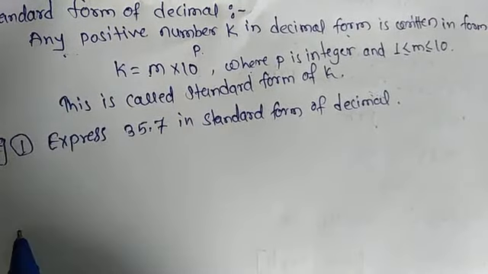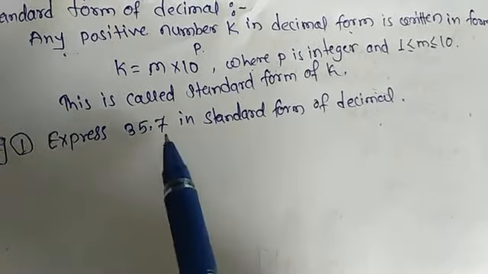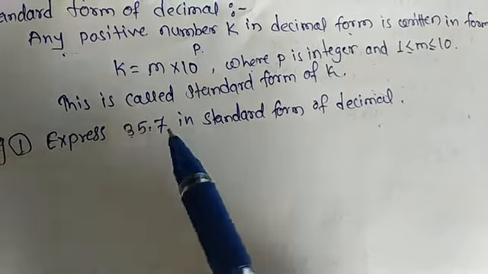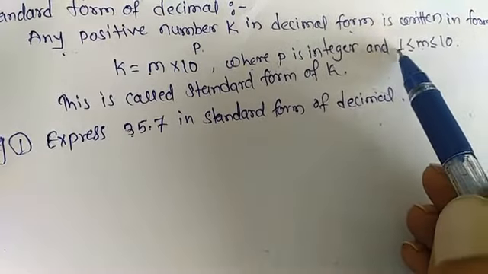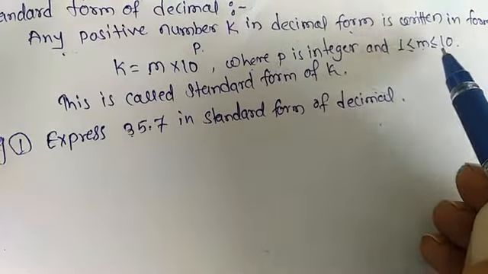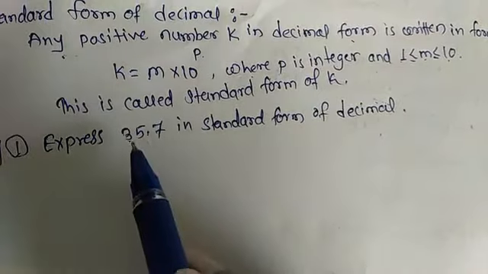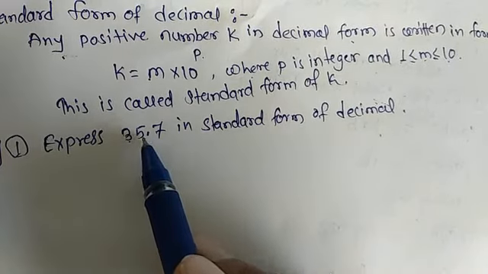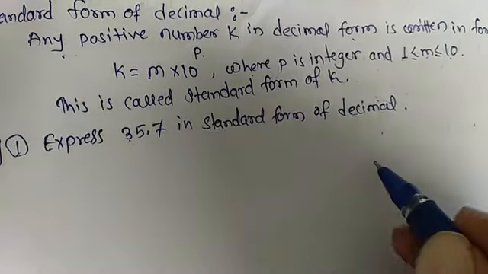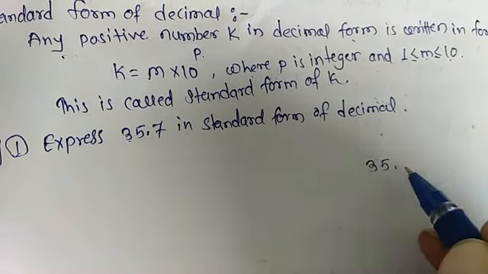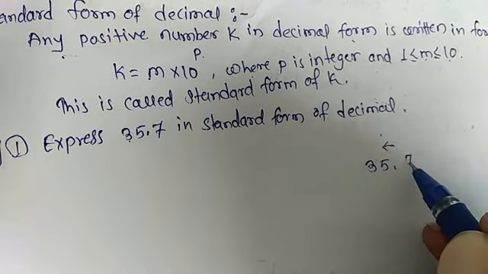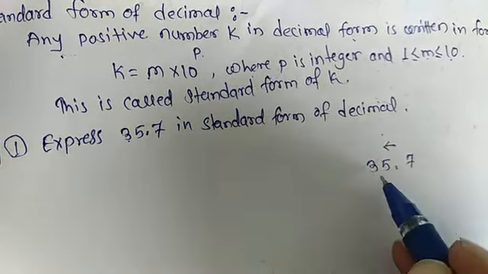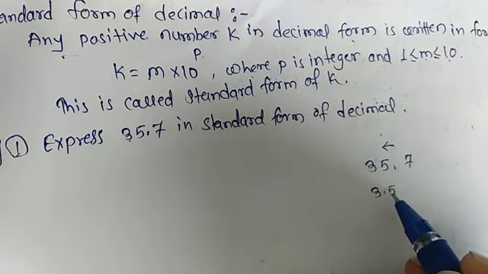Here the given number is 35.7, and we need an m value between 1 and 10 only. So here we have to shift the point to the left side, so it will be 3.57.